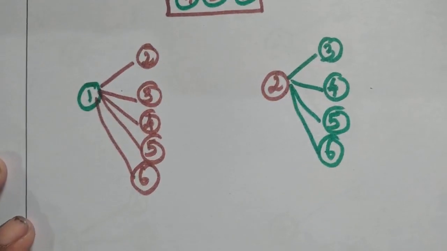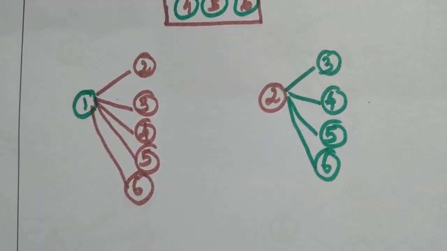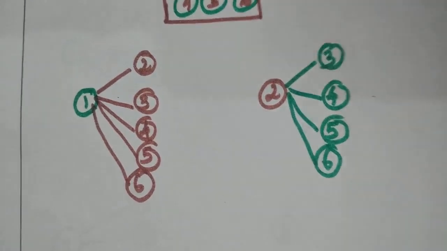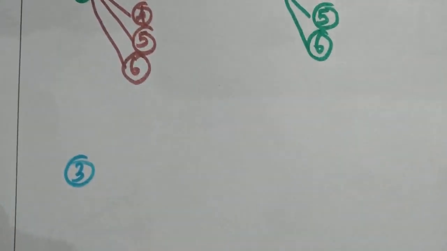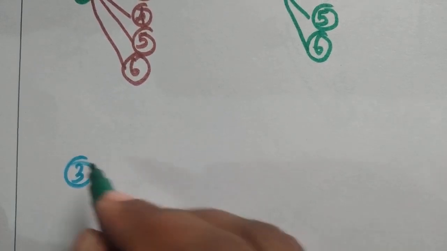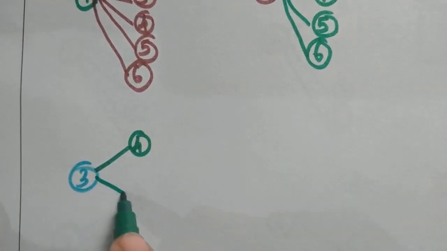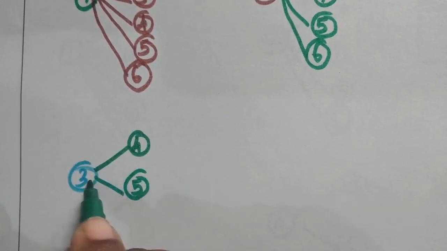If the selected ball is number 3, then the possibilities for the second ball are 4, 5, 6.